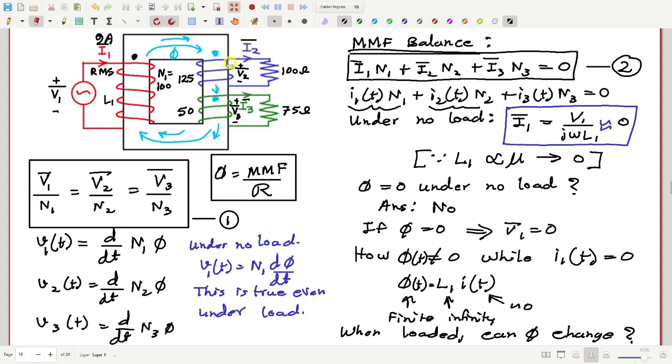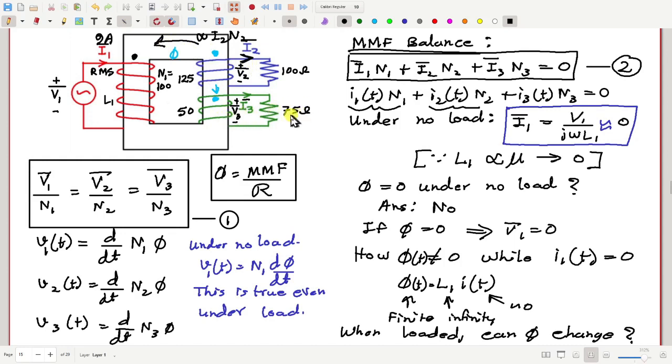In which direction? That depends on the direction of I2. If I2 is going in this direction, then it will try to create a flux in this direction according to the right hand rule. And how much will that flux be? That depends on I2 N2. The larger the I2, the more this flux will be. So this will try to generate some flux.